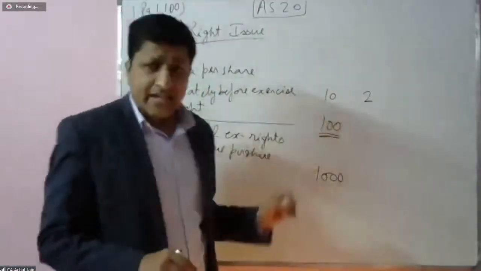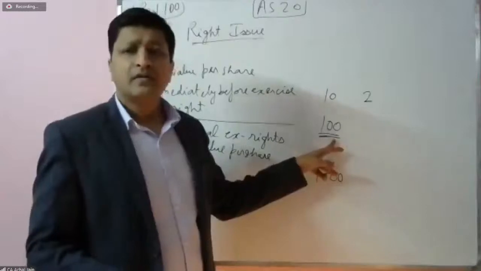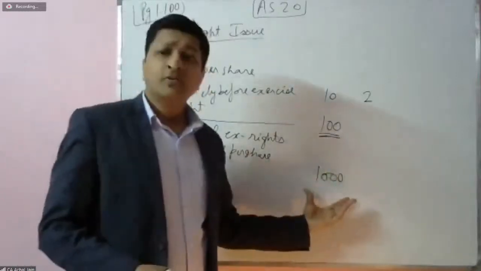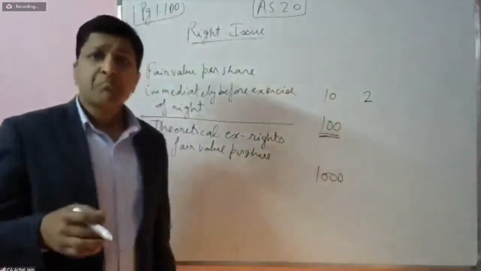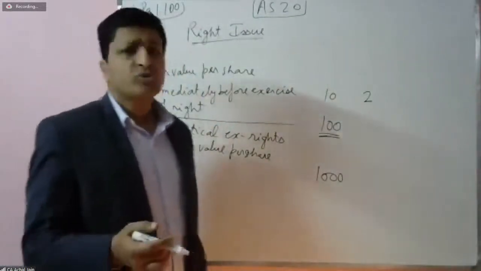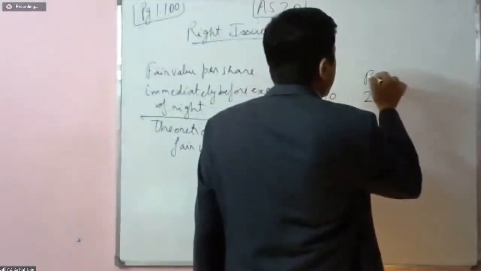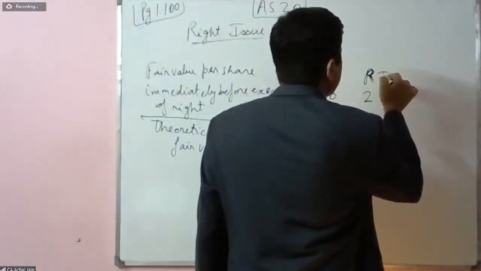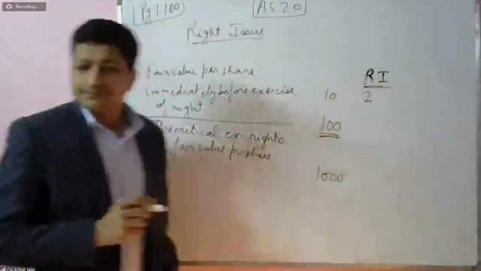Company had 10 shares and every share had a fair value of rupees 100. So that's why the value in totality became 1000. Now, company issued 2 shares. This was right issue. So company came up with right issue and issued 2 shares.